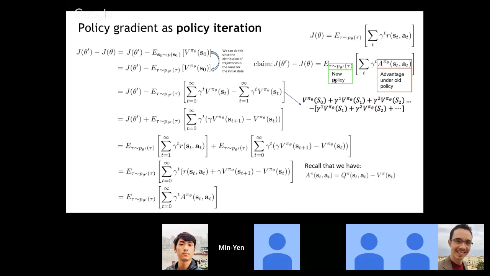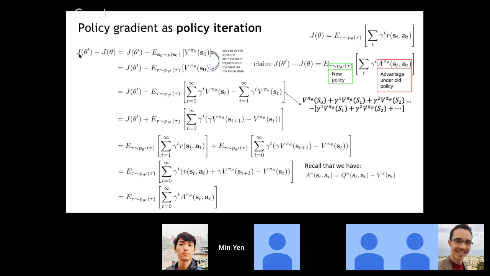Because we actually don't have the new policy at this point of time, we haven't calculated any new policy, right? But what we do is that we have samples of our old trajectories, right? So what we're going to do is evaluate the advantage of the old policy, and in doing so, it's actually the same as maximizing this expectation, right? So let's go through the mathematical derivation.